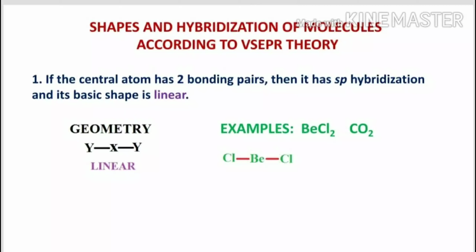These two half-filled sp hybrid orbitals of the carbon atom overlap with half-filled 2pz orbitals of two oxygen atoms to form two sigma bonds. The remaining two unhybridized half-filled 2px and 2py orbitals of the carbon atom undergo lateral overlap with each of the two half-filled 2p orbitals of the two oxygen atoms to form p-pi bonds.